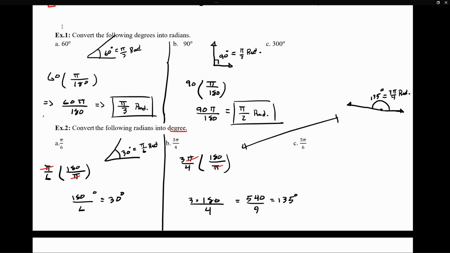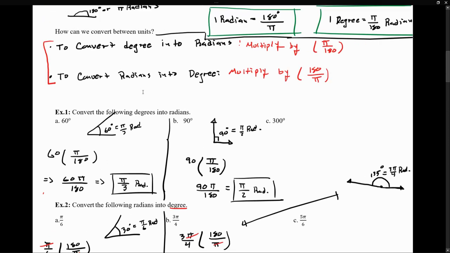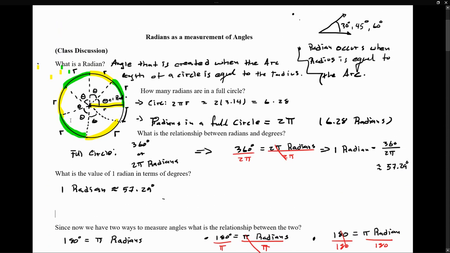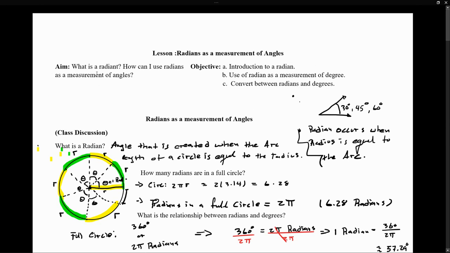So these were just some ideas about how to properly go back and forth between degrees and radians. And one thing to also understand is how it is that we define a radian and how many radians can fit in a full circle. So this concludes our lesson for today.